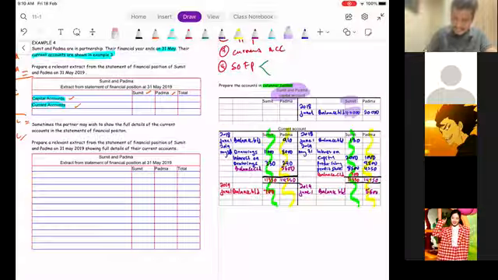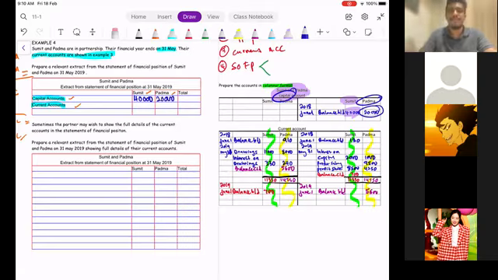Sumit is 40,000. Padma, check the capital account, Padma is 20,000. Then you total up, I get 60,000 in total. Very simple.